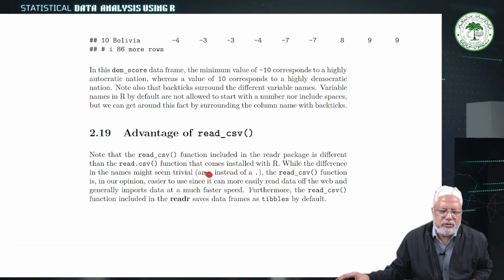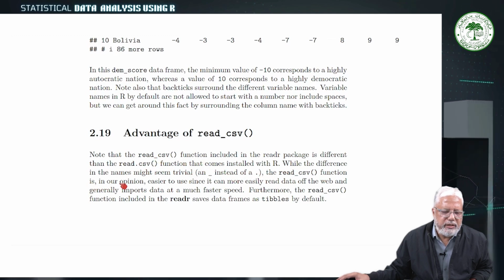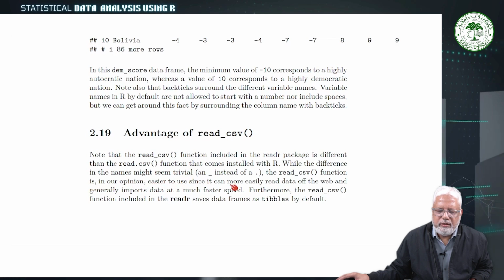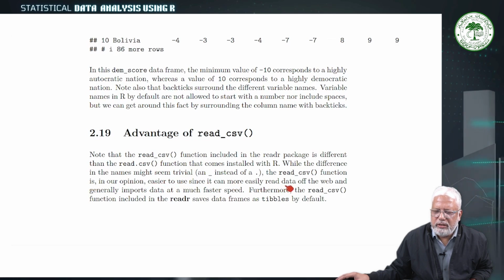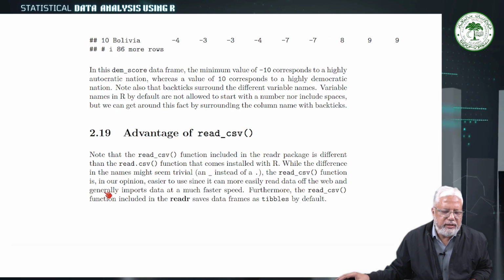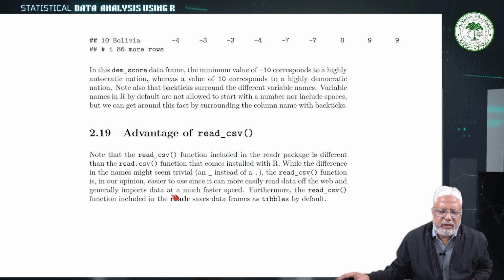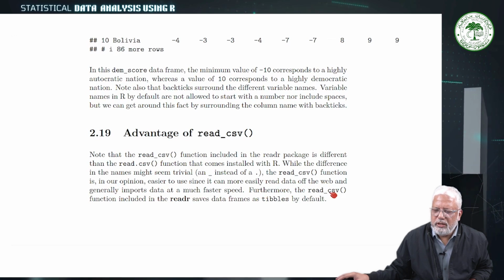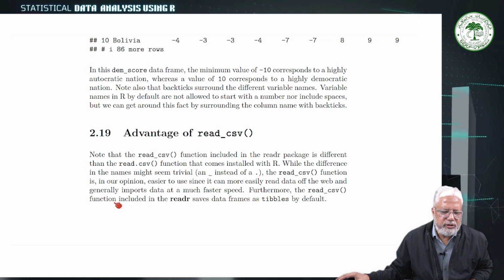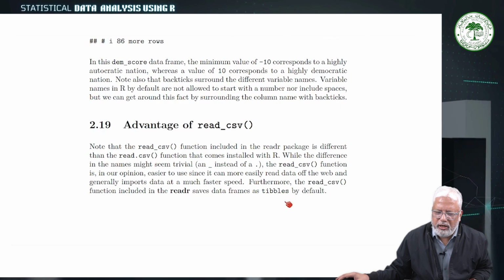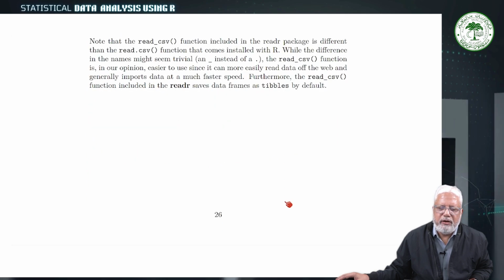The read underscore CSV function is in our opinion easier to use, since it can more easily read data off the web and generally imports data at a much faster speed. Furthermore, read_csv saves data as a tibble by default, not as a data frame.